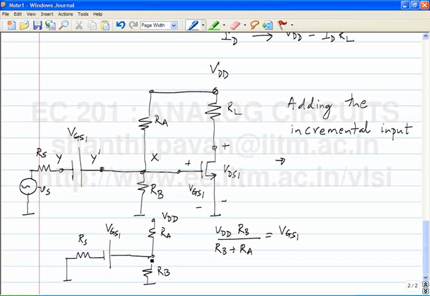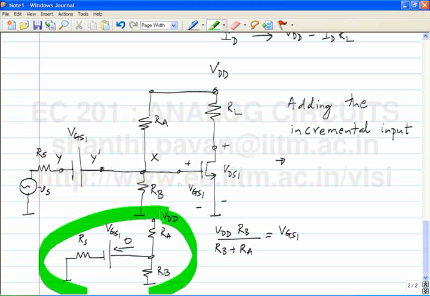You can see that no current flows in this direction, which means that this voltage is actually going to be equal to VGS1. If you saw this circuit in the first place, it doesn't seem very obvious that that is the case, but since we've started from scratch and derived it, you know why it makes sense.